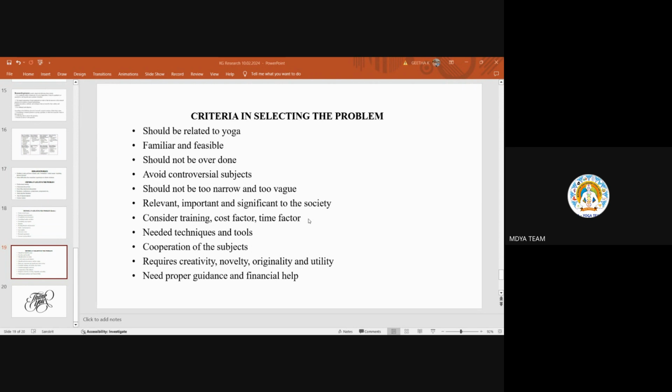And then the techniques and the tools, as I already told you, they should be nominal, they should be practical, and the cooperation of the subjects is very much important. Not only should the subject cooperate, we should make them cooperate. We should be pleasant. We should be very friendly with them. We should understand their problem, and we should make them understand that we are giving training only to resolve their problem.